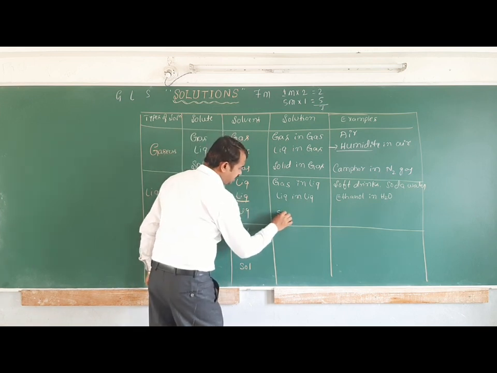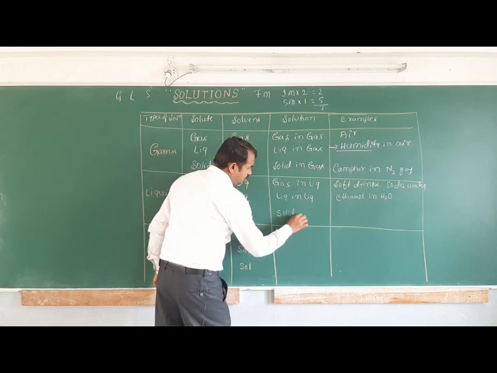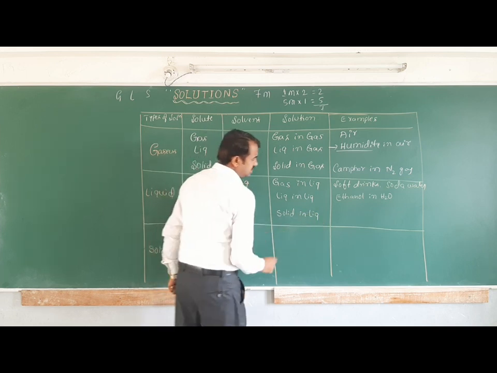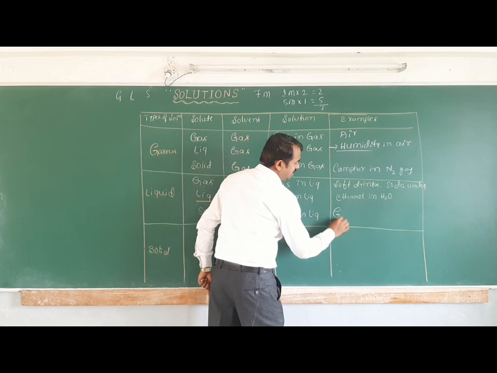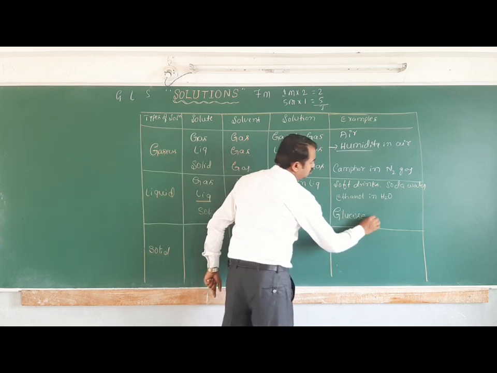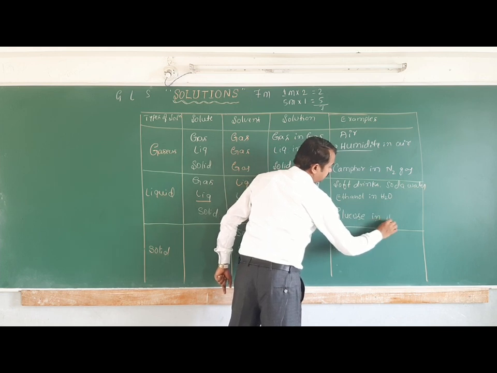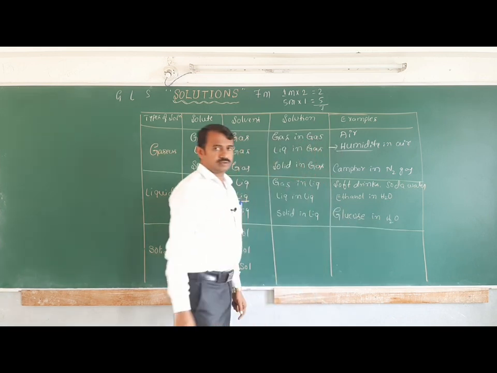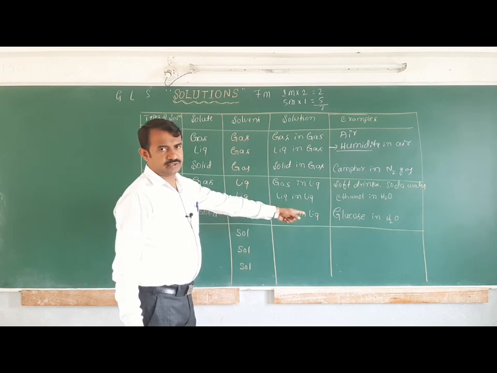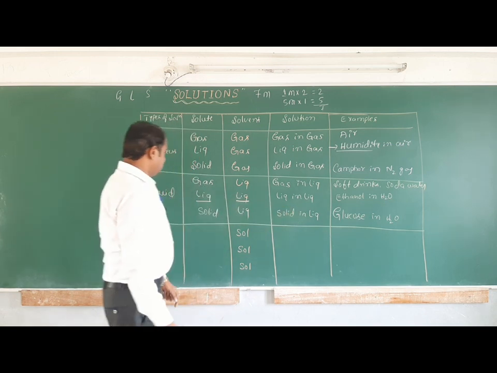Sugar is a solid and water is a liquid. For examples, not just sugar, you can write sucrose or glucose in water. Glucose in water is one of the important examples of liquid solution.